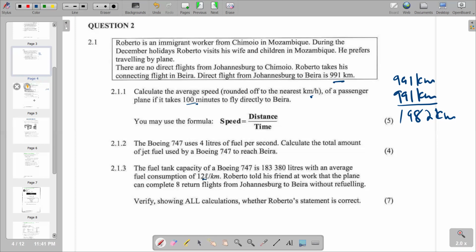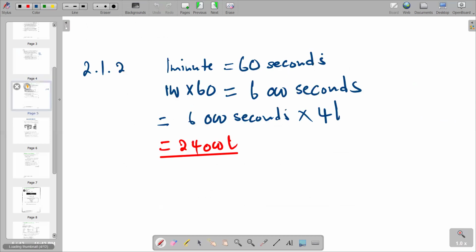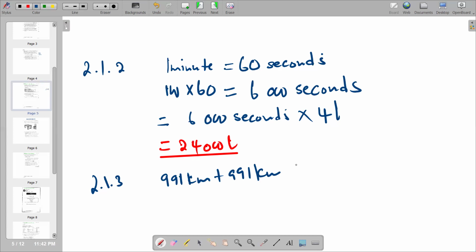So in the other section, we are now on 1.3. Firstly, we are saying 991 kilometers plus 991 kilometers, and then we get a total of 1,982.